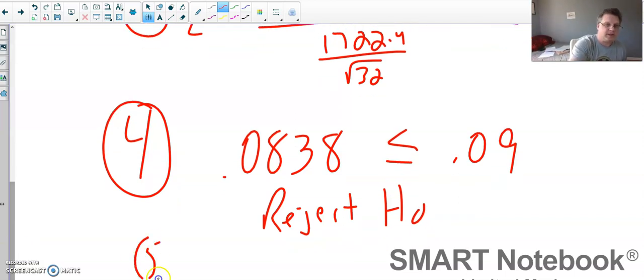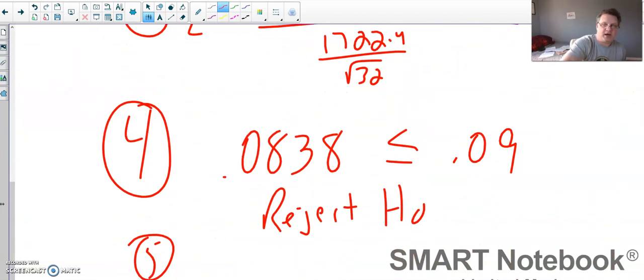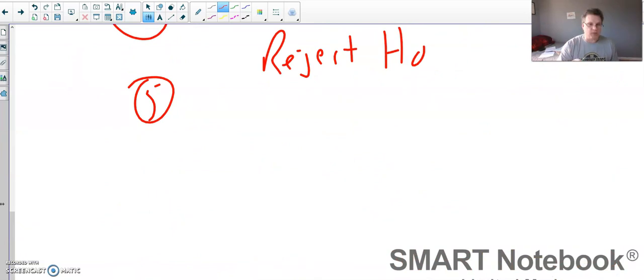So the last step, step 5. In order to do step 5, you're rejecting, and this time the claim is the null hypothesis. So since it's the null hypothesis, you look at your table. Always look at your table. So you reject, and there is enough evidence to reject the claim.